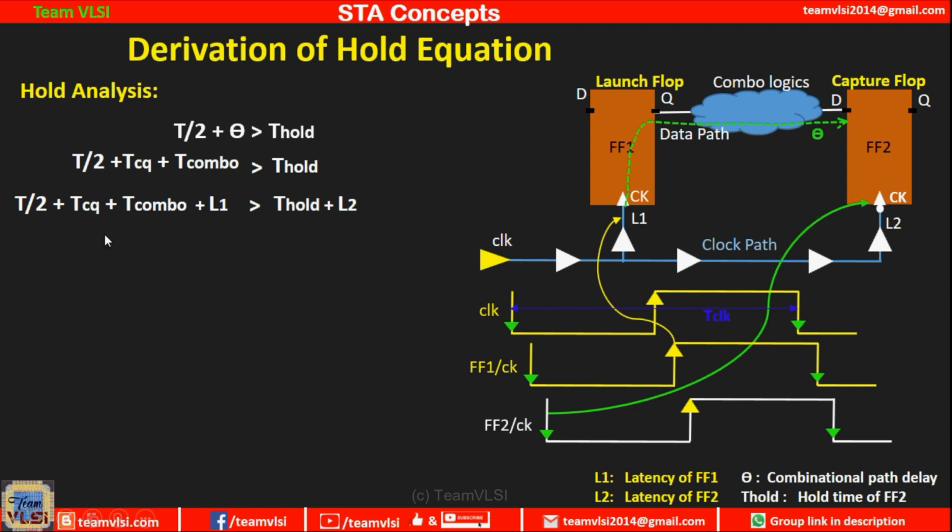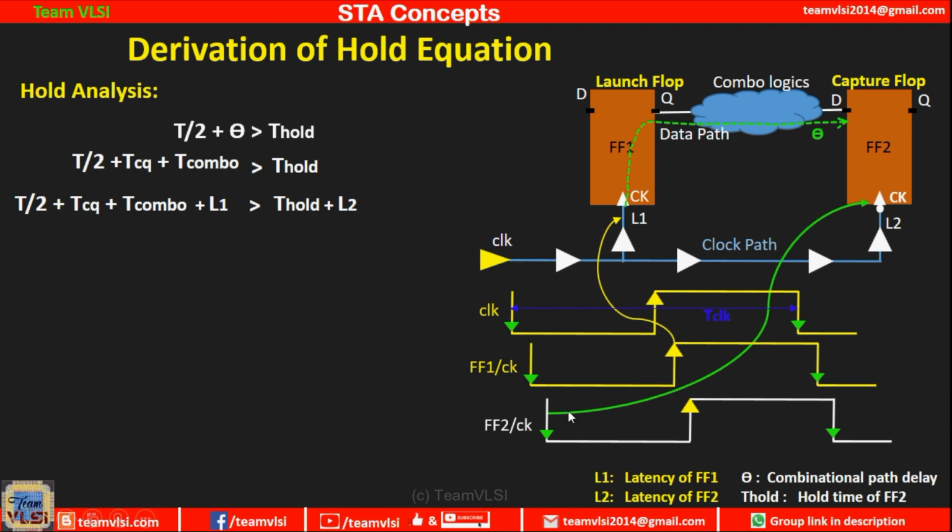Let's consider one more scenario, that is hold uncertainty. And in which way do we have to consider the hold uncertainty? If this edge comes before, then we have no problem. But if this edge somehow deviates from its actual appearance and it will be late, then definitely we have a problematic scenario.